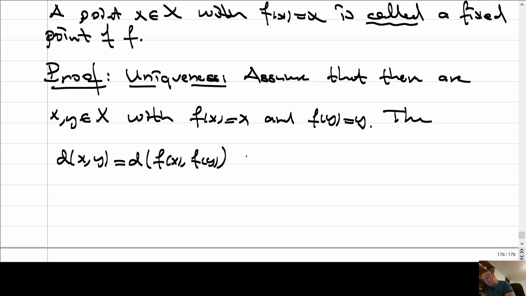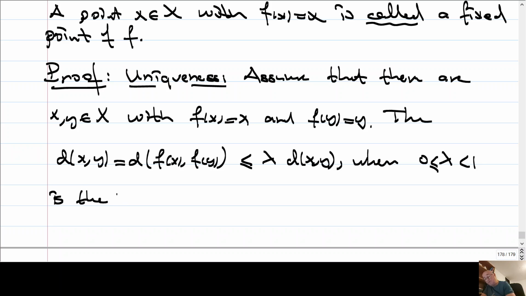But this is less than or equal to lambda times d(x,y), where lambda is the contraction ratio of f.